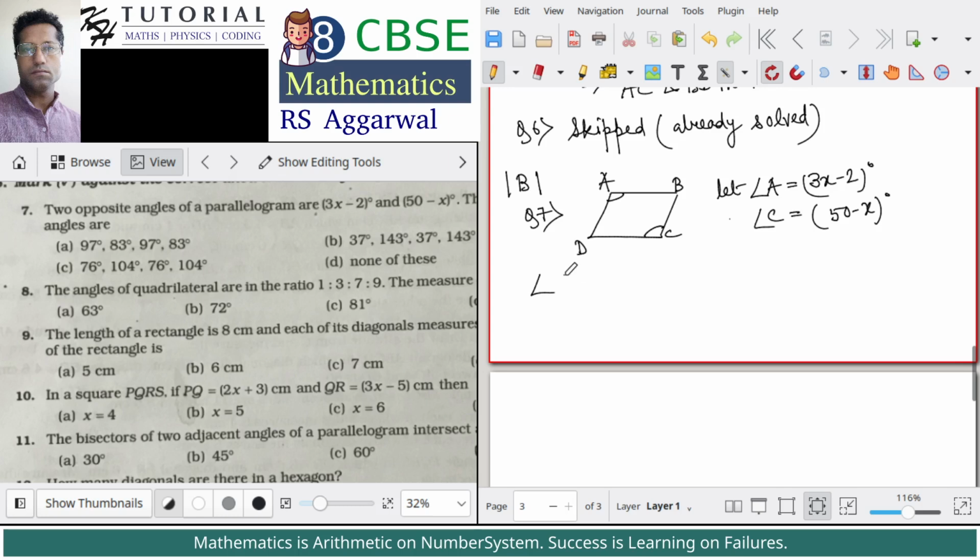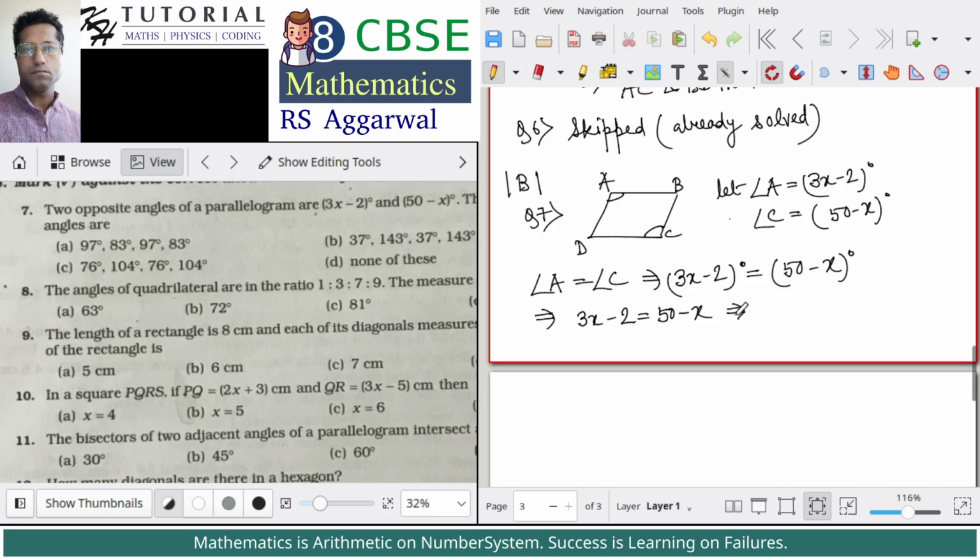Now we know that the opposite pair of angles in a parallelogram are equal. So we must have angle A is equal to angle C. So this will imply 3x minus 2 degree should be equal to 50 minus x degree. If we ignore the degree, we have 3x minus 2 is equal to 50 minus x.